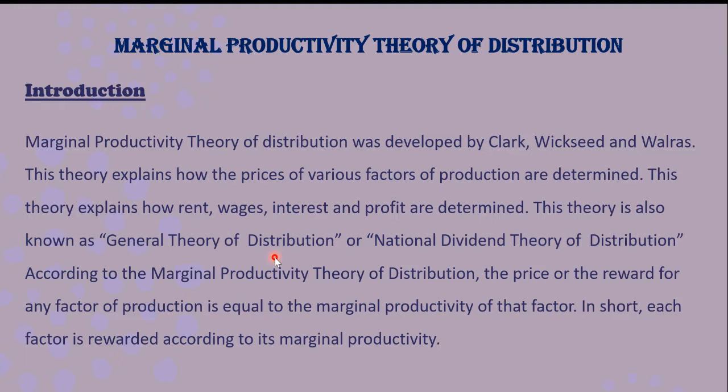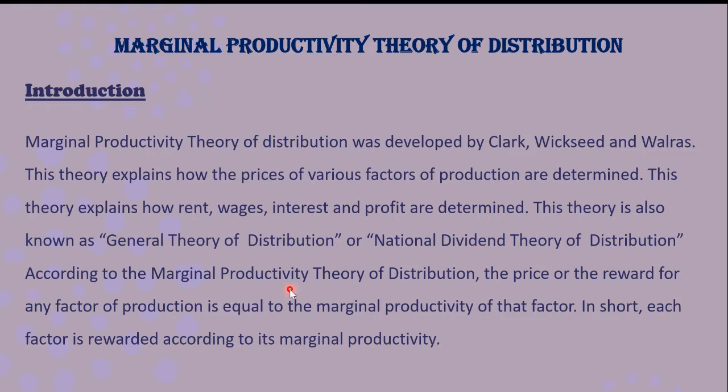This theory can be used to determine the rent, the wages, the capital interest and the profit. So this theory can be used for all the factors of production. That's why it is called the general theory of distribution or national dividend theory of distribution. So this theory has 2 names.